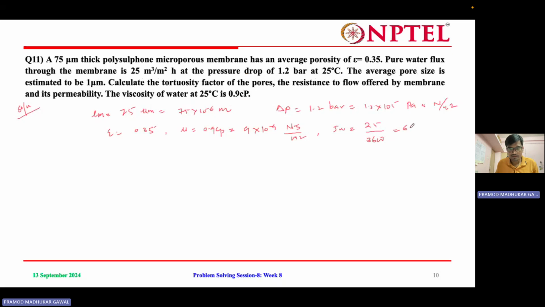So 6.94 into 10 to the power minus 3 meter cube per meter square second.